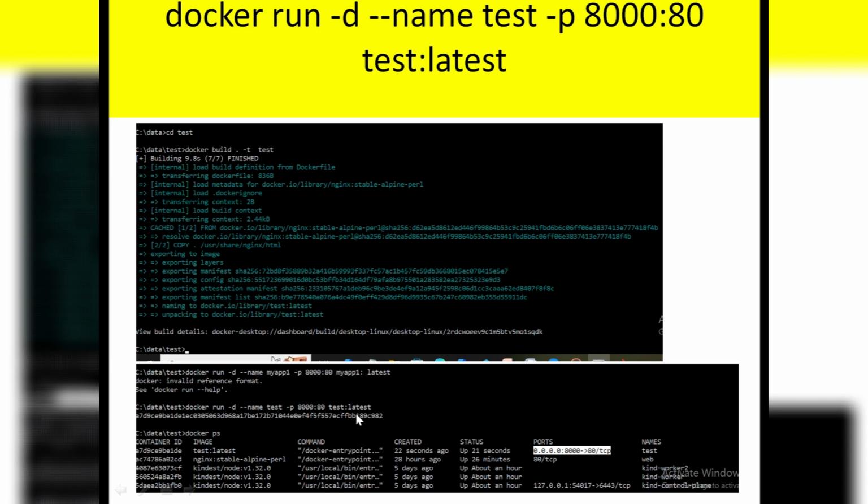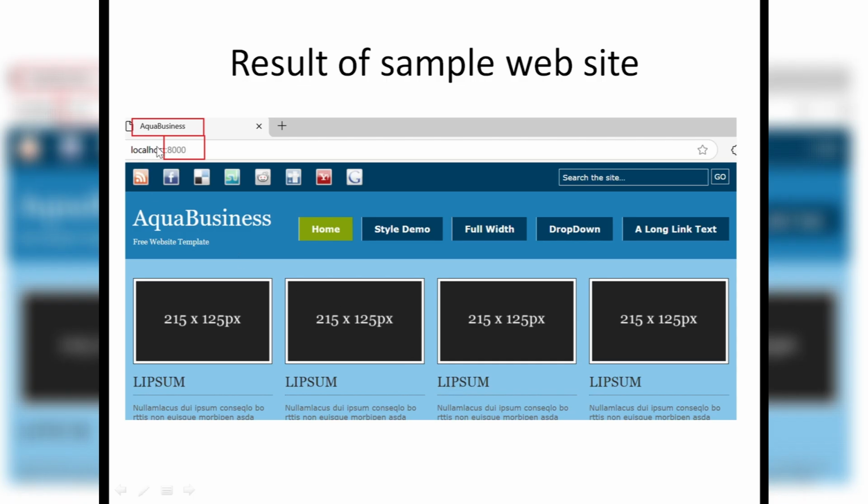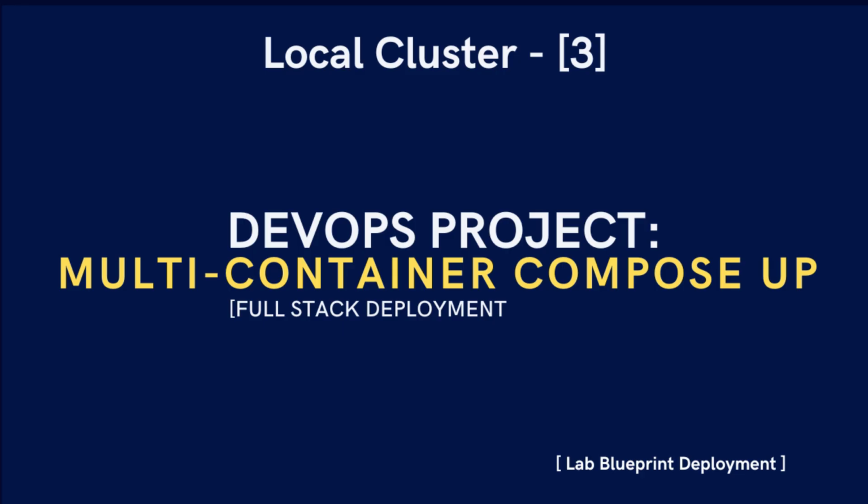After running this command, you will be able to see the port number like this. So after I run this, if I call from the localhost and give the port number, this is the result of the website that I downloaded, and it's successfully running on the web server.